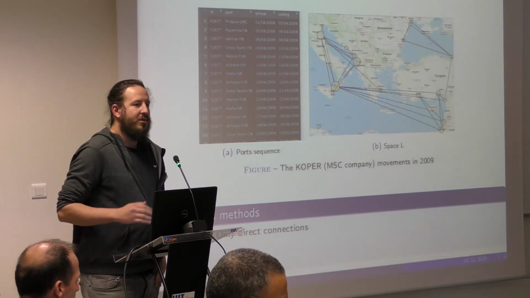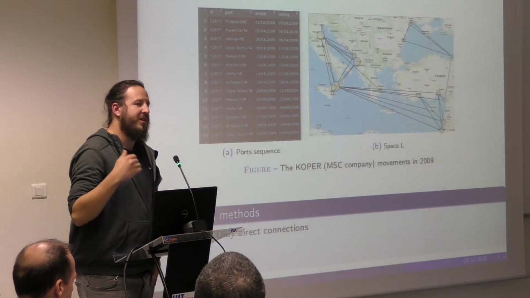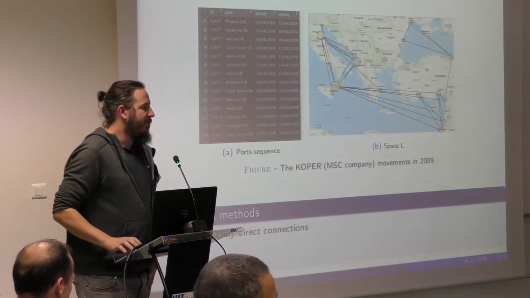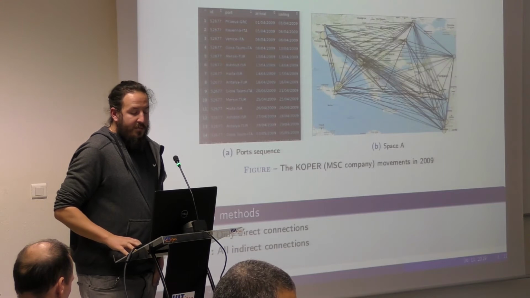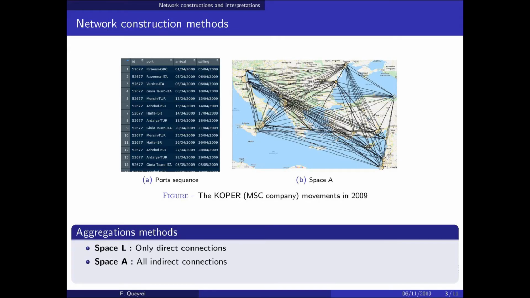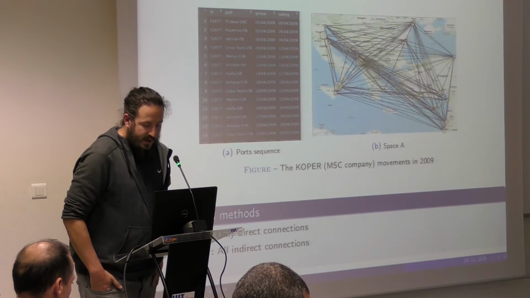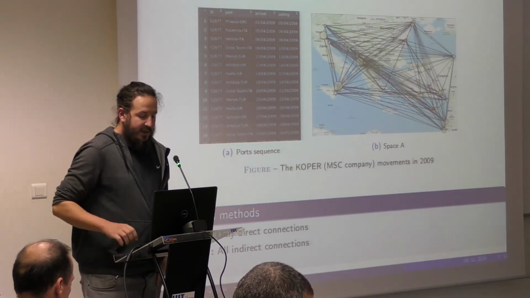However, the movements of ships do not follow a there-and-back pattern. They visit multiple places. So another possible way to represent this is to represent all the indirect connections, saying, well, this boat went to this port, even though it did not go there directly.